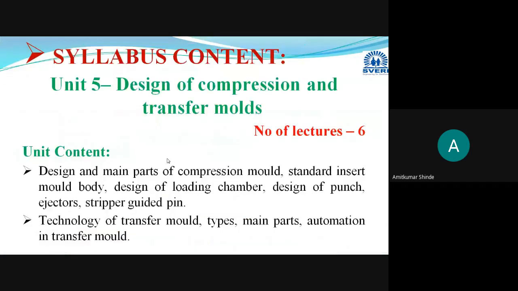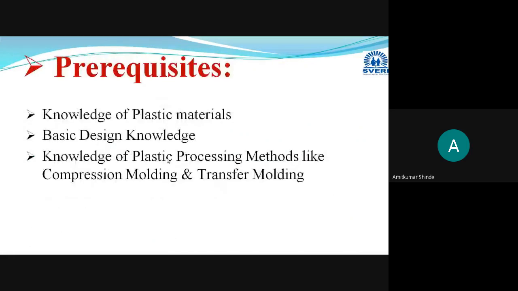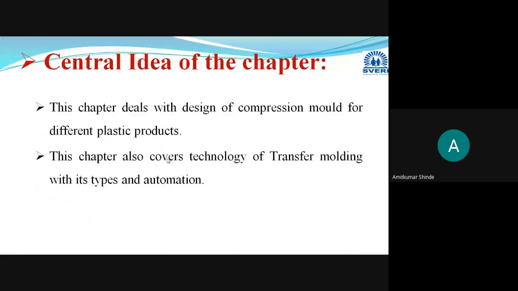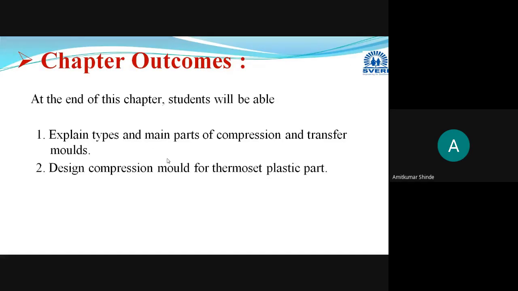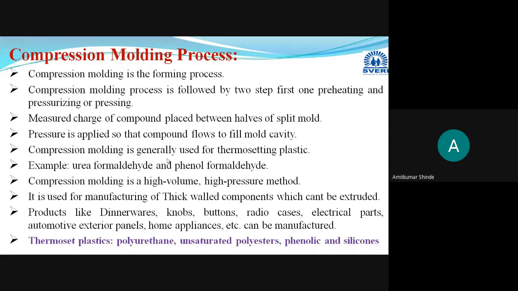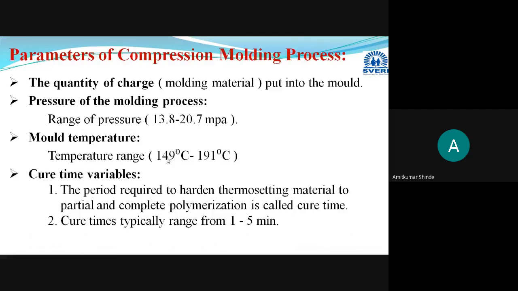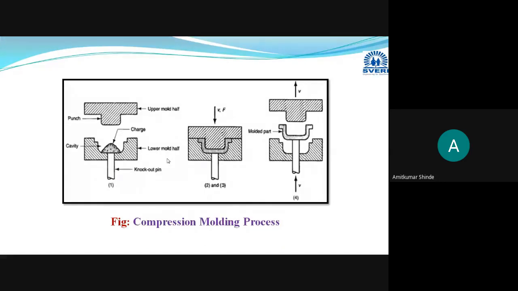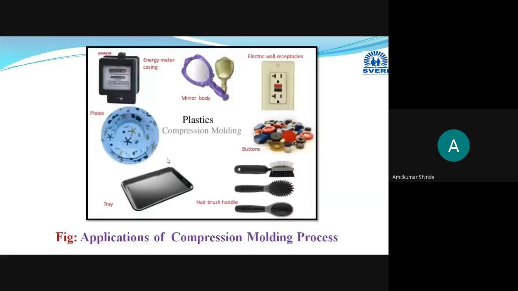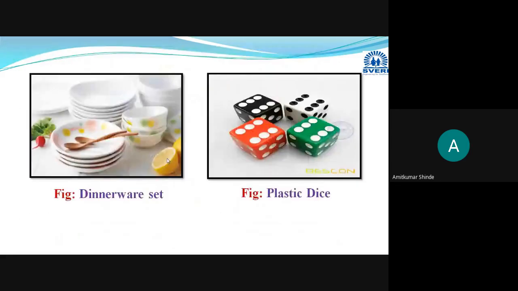We started this chapter with its contents, then prerequisite, title of the chapter, central idea, importance of the chapter, and the expected outcome. Then we discussed the compression molding process and the parameters affecting it, steps involved in the actual compression molding process, and its advantages, disadvantages, and applications.